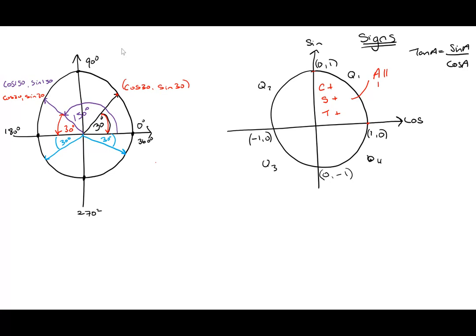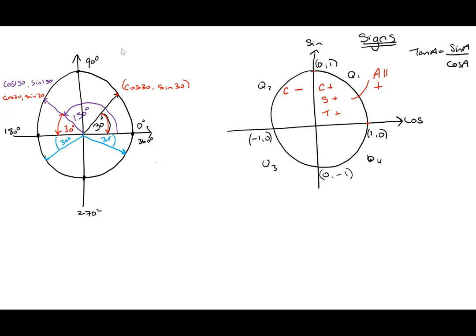So in this one, they are all positive. In the second quadrant, cos now becomes negative because cos has gone the other side of the origin. Cos goes from 0 to -1, and every number between 0 and -1 is negative. Sine remains positive because it's above the x-axis.